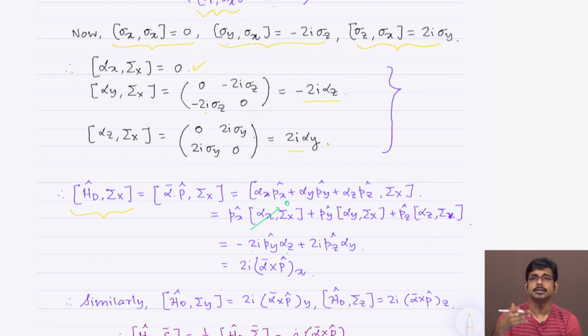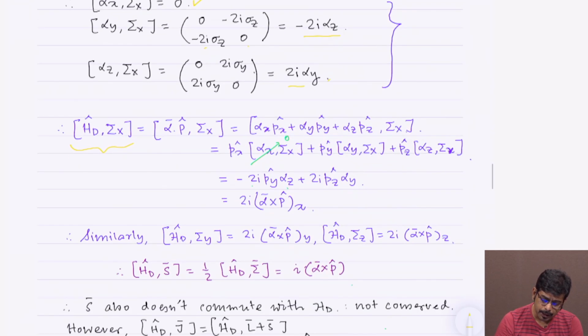The part which will give a non-zero contribution is only the alpha dot p part. So this is alpha dot p commutator with sigma x, which is alpha x p x plus alpha y p y plus alpha z p z comma sigma x. Alpha x sigma x is 0, alpha y sigma x is minus 2i alpha z, and alpha z sigma x is going to give you 2i alpha y.